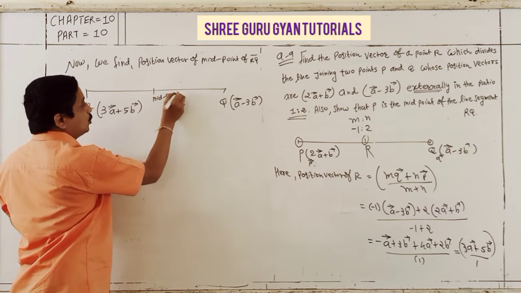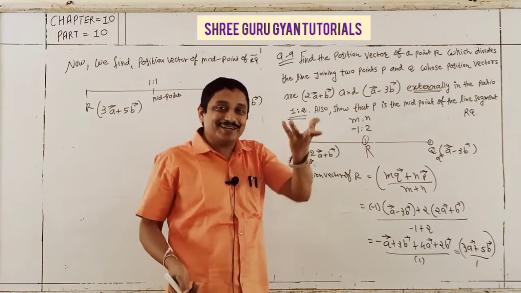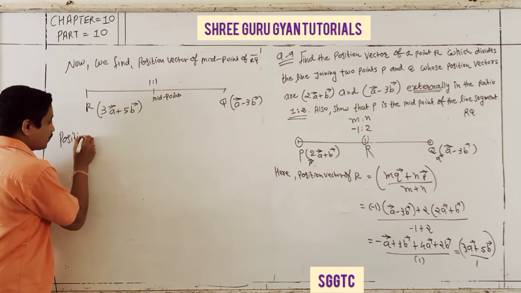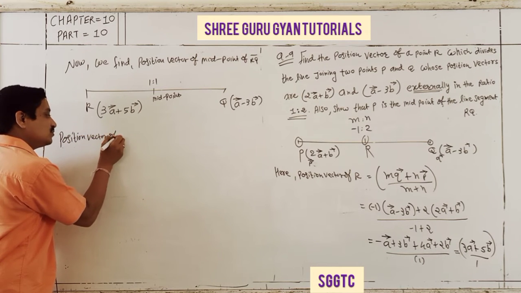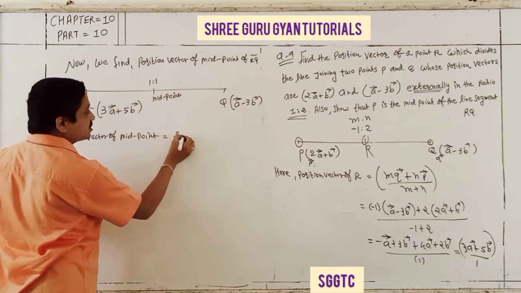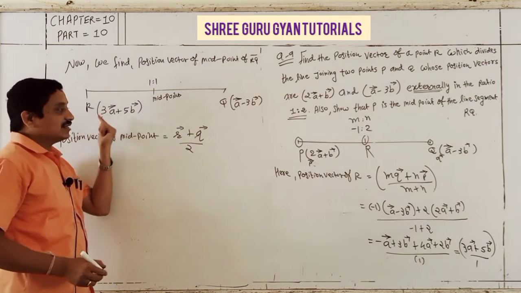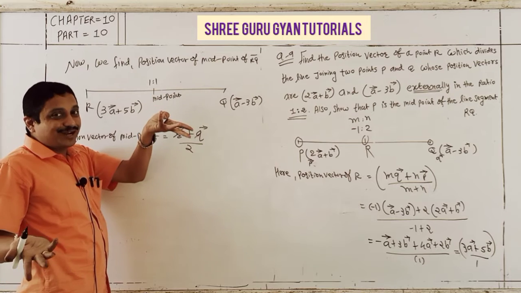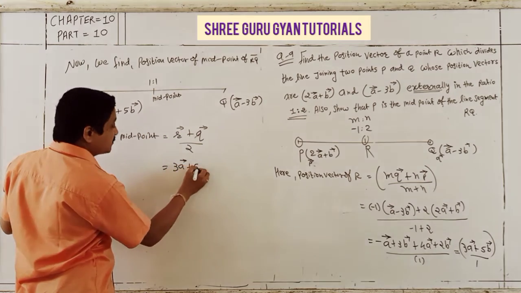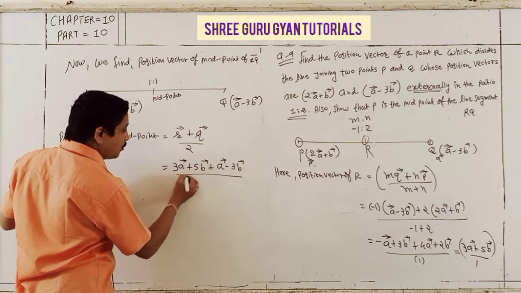Yes, you know that the ratio is 1:1, so apply m and n values 1:1. So students, the position vector of the midpoint is very easy: both positions added, divided by 2. These are R and Q positions divided by 2 because m:n is 1:1, and the R vector is 3a plus 5b, and here a minus 3b, upon 2.